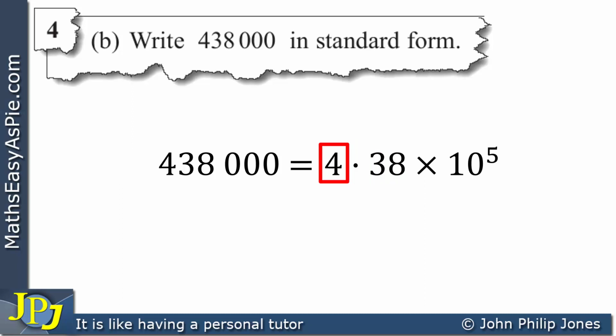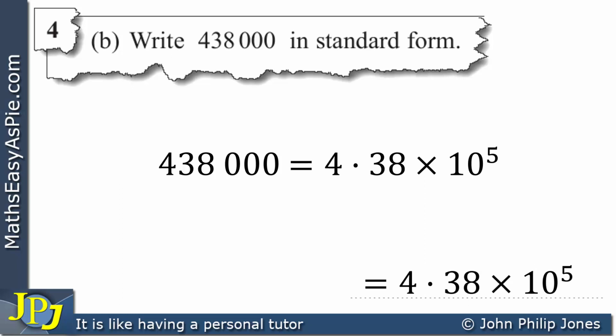And that figure has to be 1 all the way through and up to and including 9. It cannot, for example, be a 0. And of course, in this example, it is a 4. So we can simply, on the dotted line, write the answer as 4.38 times 10 to the 5.